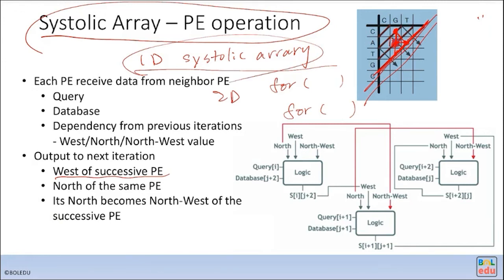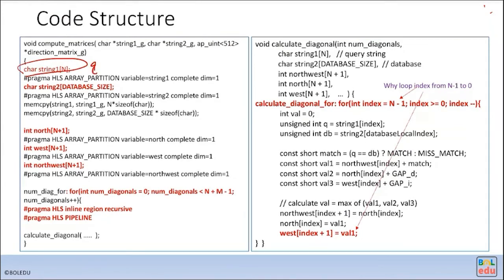In this example, we need to pay attention to some of the data structures you use. First, you need two arrays: one for the query string and one for the database string.